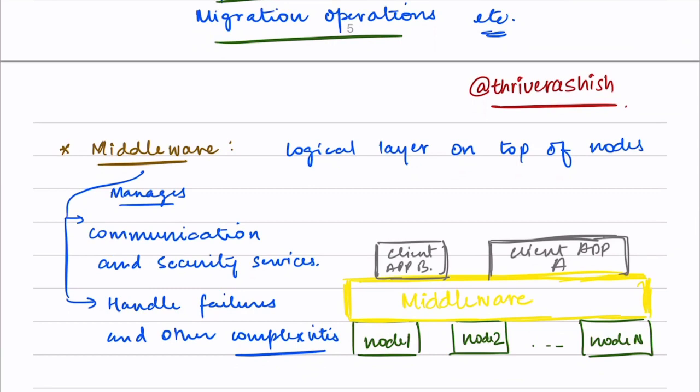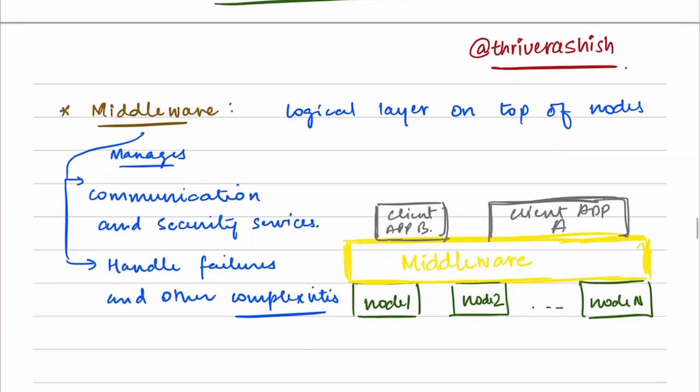There is something called middleware, as you can see on the screen. This is a logical layer on top of nodes. Let's suppose you have node 1, node 2 until node n, and a client wants to access the data, but the client will not go to node 1 or node 2, because they don't know which node will serve the purpose.